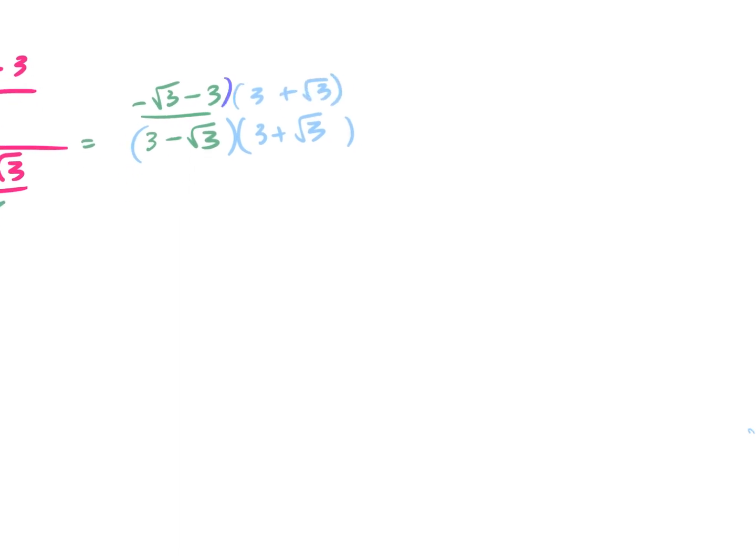Let's look at that top. Let's distribute that top. Take your time. We're taking negative 1 root 3 times a 3. Anything outside the root stays out. Anything inside the root stays in. So negative 3 root 3. Minus, negative 1 root 3 times a root 3.